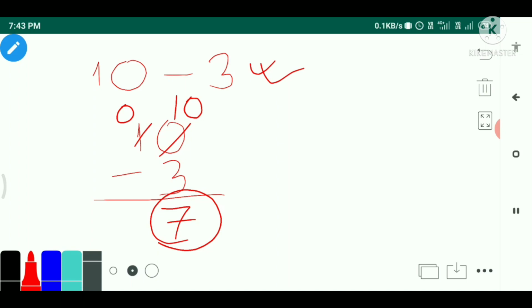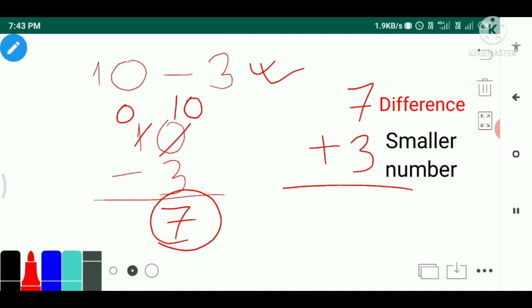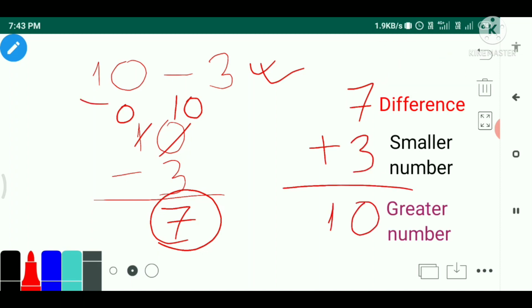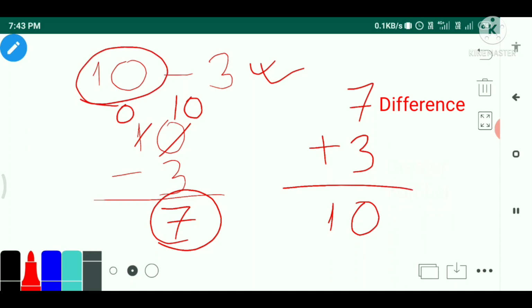So if I add these two, I will get the greater number that is given in your question. Now 7 plus 3 will be 10, and I got this number. I hope you have understood how these are related.